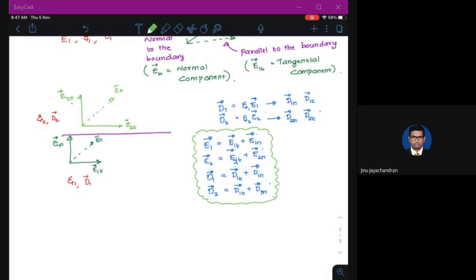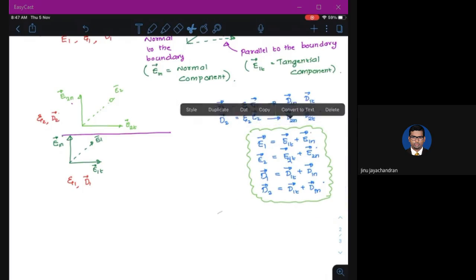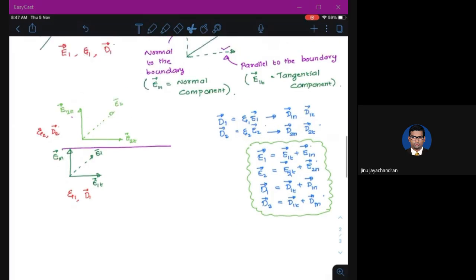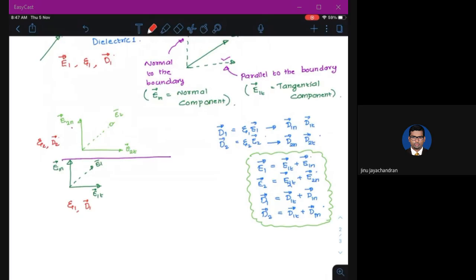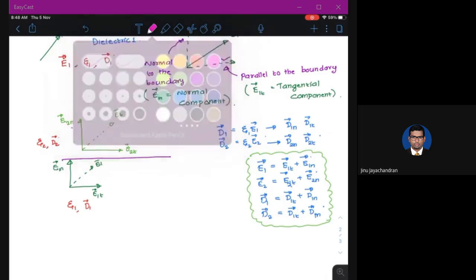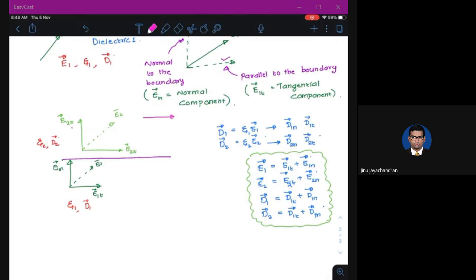Okay. Fine. Now we are also going to fix some directions. If you are looking at this direction, this is positive, which means the opposite direction is negative.